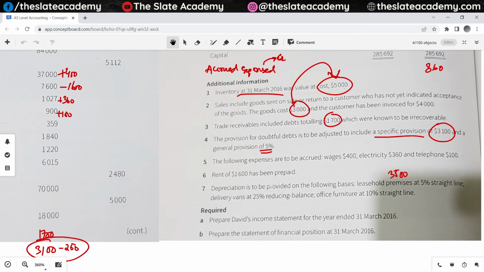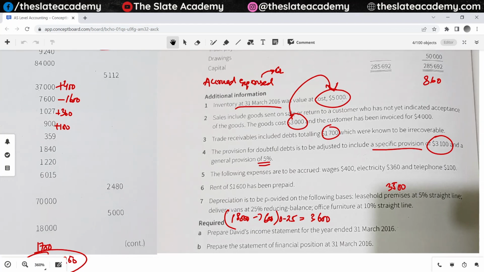So 18,000 minus 3,600 into 0.25, which is 3,600.